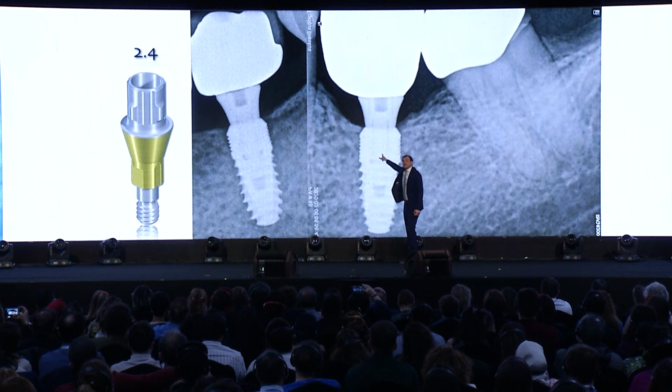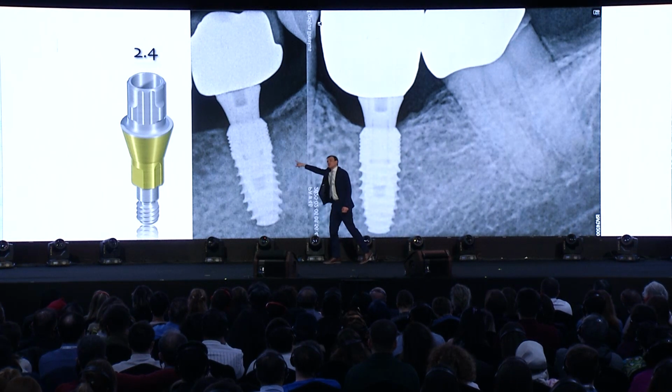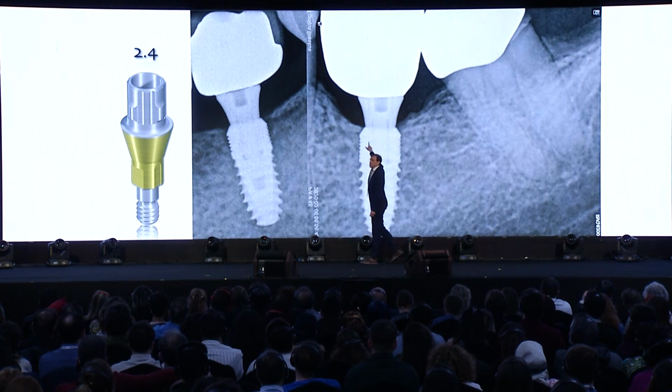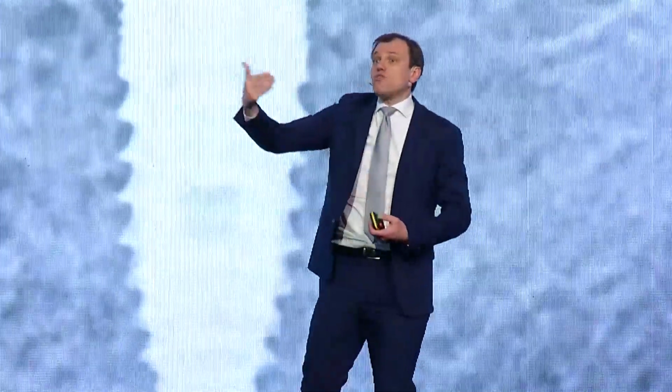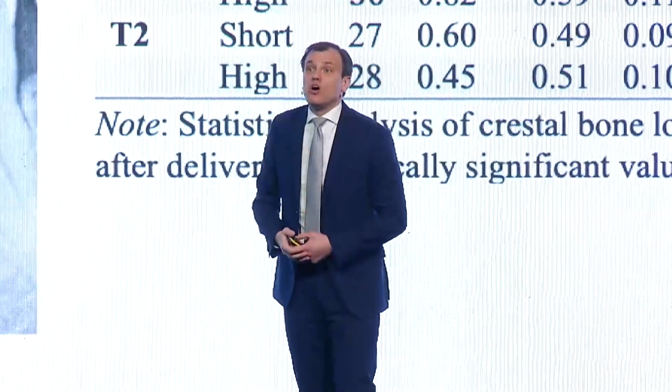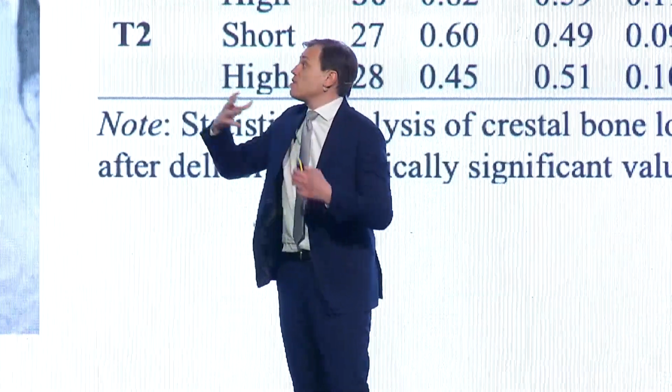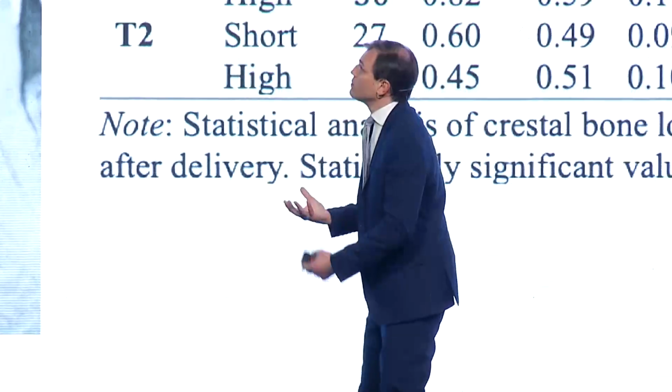Also, with the high tie bases, we had some cases with a little bit of bone loss, and in some other cases, no bone loss at all. So that's why you again need to have a sufficient number of patients, because one patient does not mean anything. We had about 30 patients in each group, which is a sufficient amount to make the conclusion.